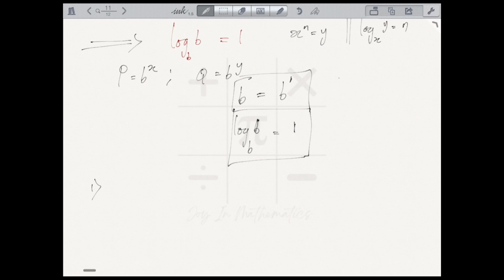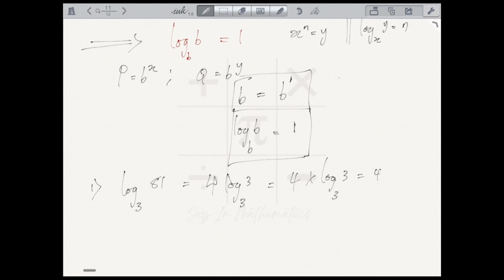Remember that in our last video, we had log 81 to base 3, and our answer is 4 log 3 to base 3. Now this can be written as 4 times log 3 to base 3. This log 3 to base 3 is the same thing as 1, because when we have the same base and the same number, the result is 1.